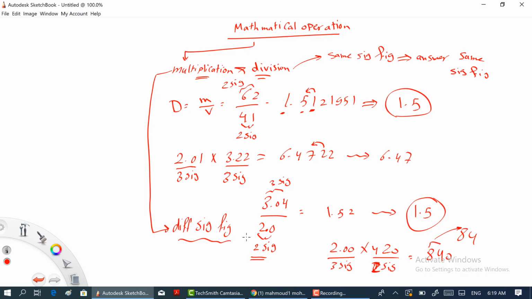Let's go on to talking about the summation, the plus or minus, addition or subtraction, and then talk about mixed operations. Mathematical operations, addition or subtraction.